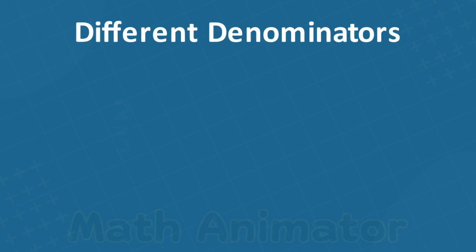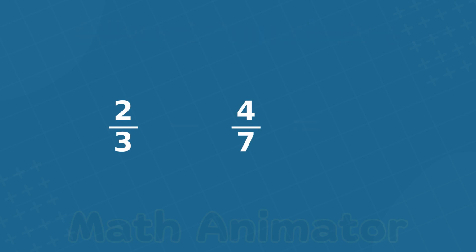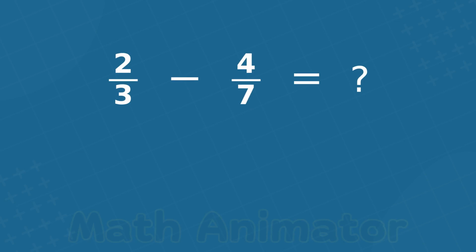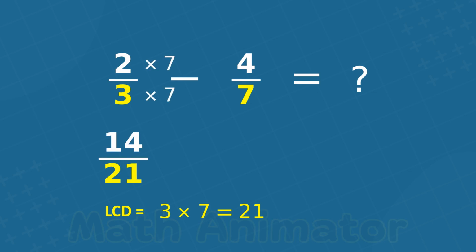The method for subtracting fractions with different denominators is similar. As an example, we subtract 4/7 from 2/3. The lowest common denominator LCD is 21. Now, we expand the fractions to make each of the denominators equal to the 21. The first fraction becomes 14/21.